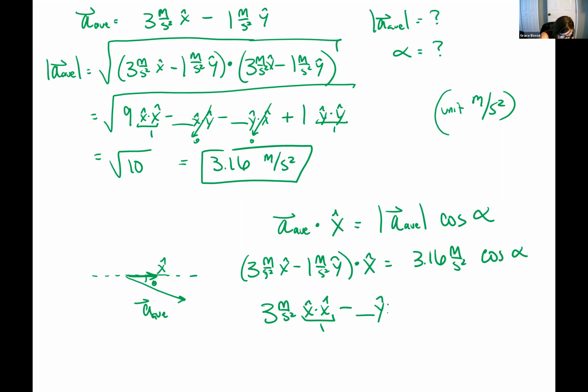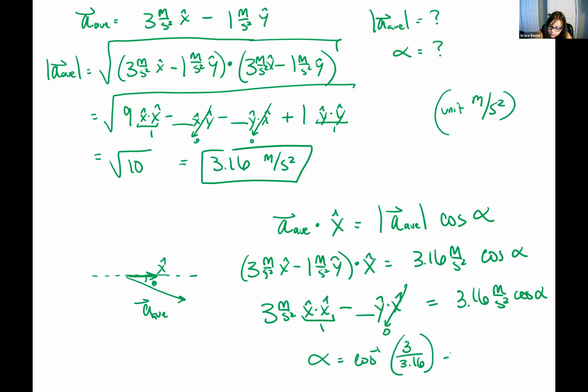Y hat dot x hat is 0, so that term goes away. And so in the end, I can extract that alpha is going to be the inverse cosine of 3 over 3.16, which I believe is about 18.3 degrees. So that is that angle right there, angle alpha.